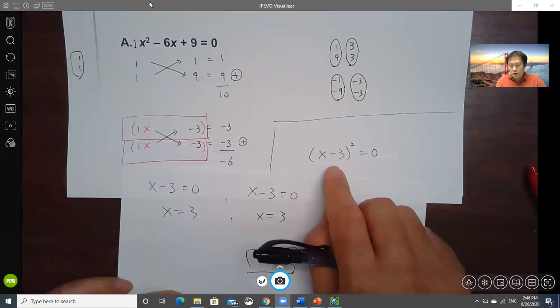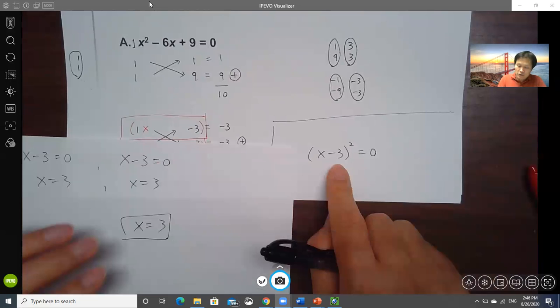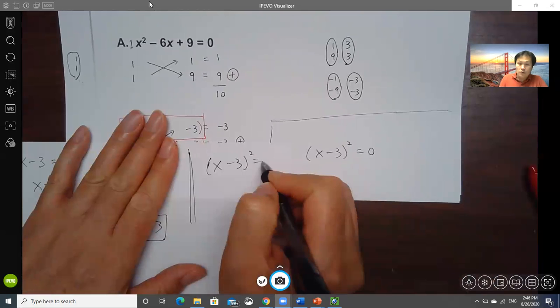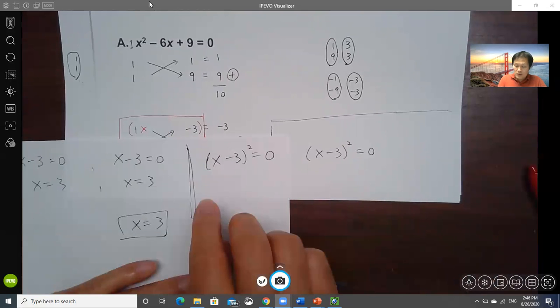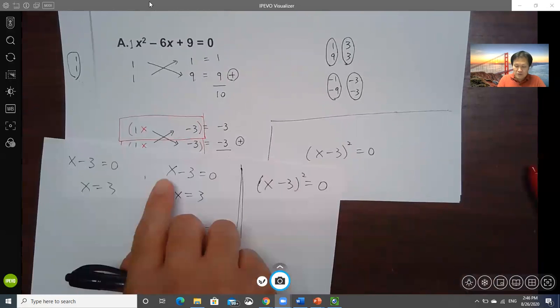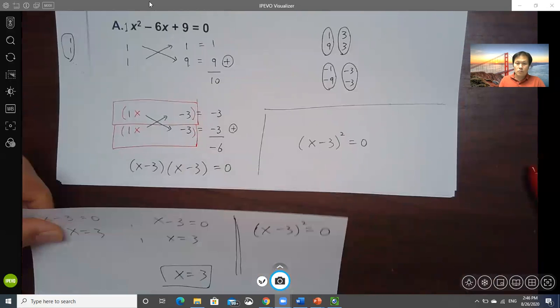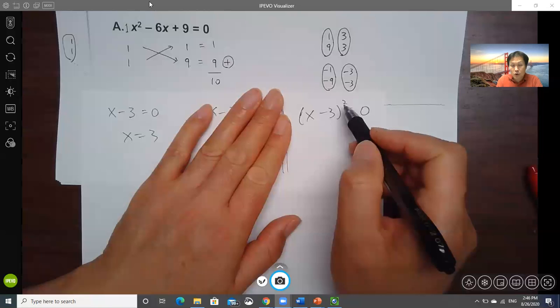From here, you can make that elegant writing like this. Then you can solve for x here. x minus 3 squared equal to 0. And as you saw, this times this, x minus 3 times x minus 3 equal to 0. What does that mean? x minus 3 equal to 0. Or if you want to solve directly, you have to get rid of the square.